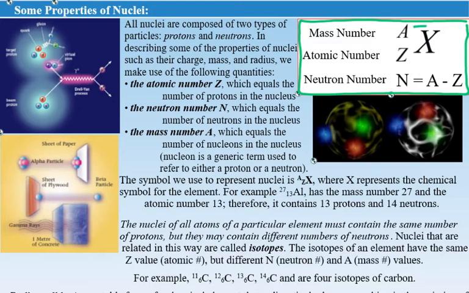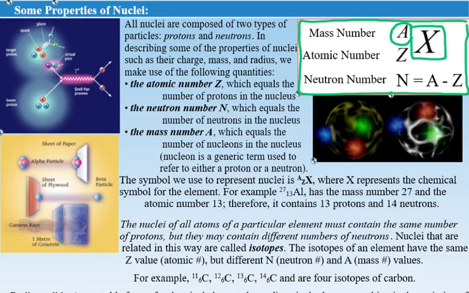The name of the element is going to be letter X. As of 2020, there were about 118 known elements in the periodic table, and then there is letter A, and A is going to represent the mass number, which equals the number of nucleons in the nucleus, and nucleon is a generic term used for protons and neutrons. So that's the number of the protons and neutrons together.